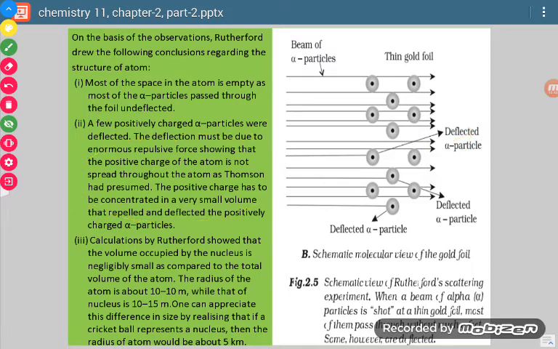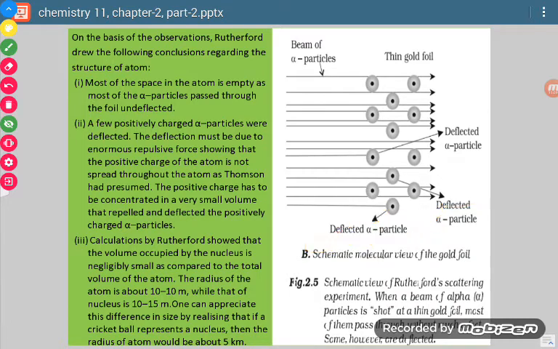Now the third is that very few got deflected by a large angle. See, this is the direction of movement, but at this particular angle it has deflected.